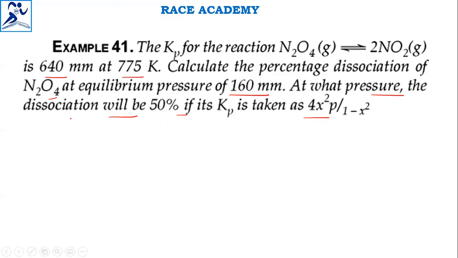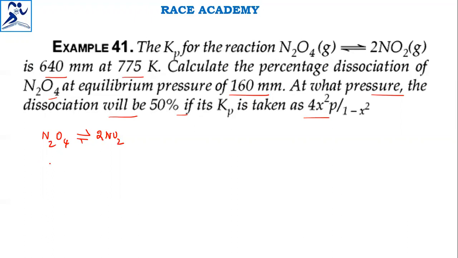Here there are a lot of different things given, but once you observe the given equation, that is N2O4 in equilibrium with 2NO2, for this equation they have given the Kp value. Calculate the percent dissociation of N2O4 at equilibrium pressure of 160 millimeters.